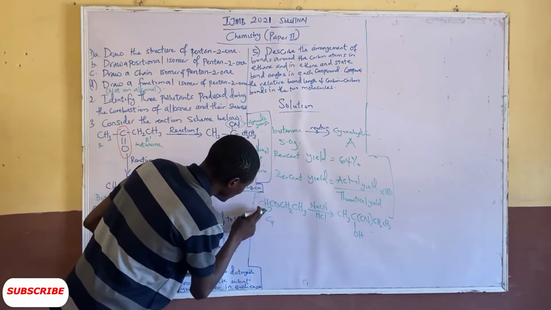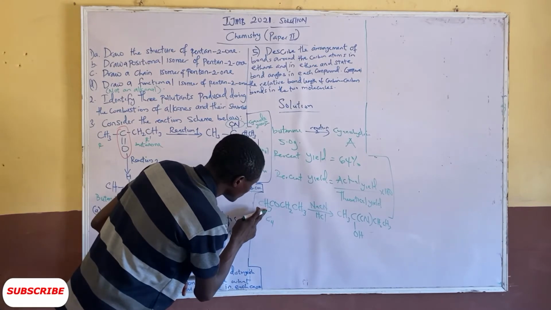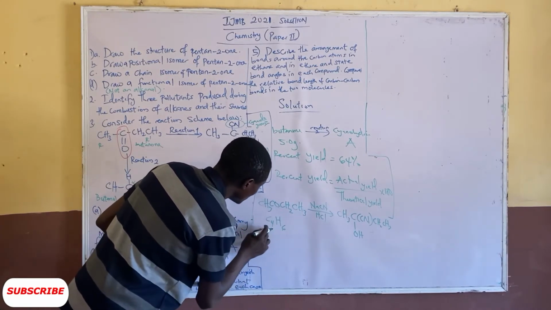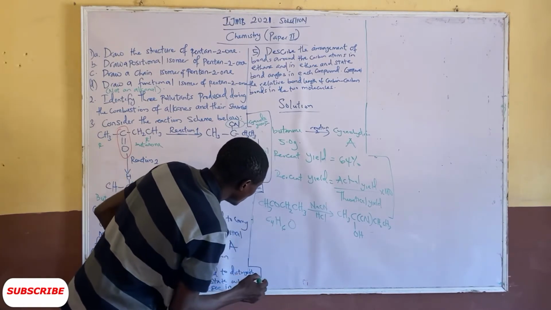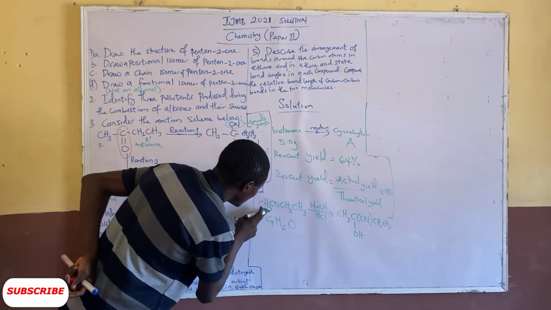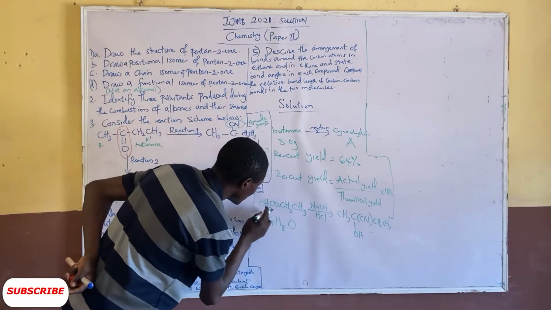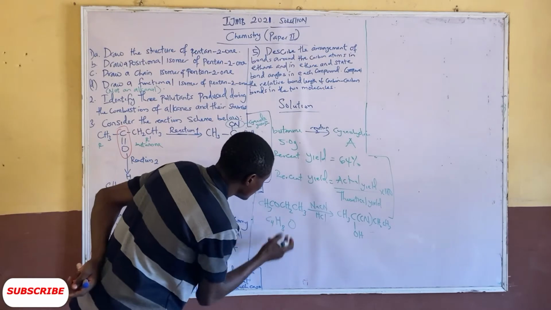How many H do we have? H3, H5, H8. Then we have one oxygen. So the ketone is C4H8O.